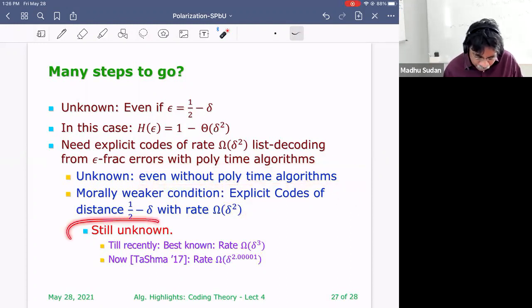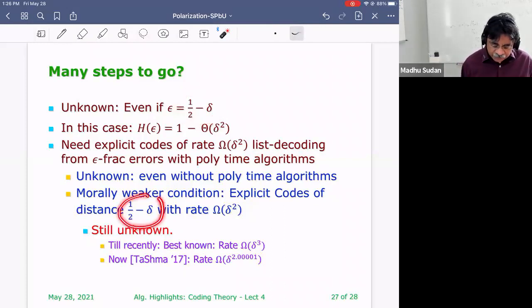Okay, let's go even weaker. Instead of saying it'll correct delta fraction errors with list decoding, let me just say it'll have distance half minus delta. It's not formally a weaker condition, but morally this is a weaker condition.